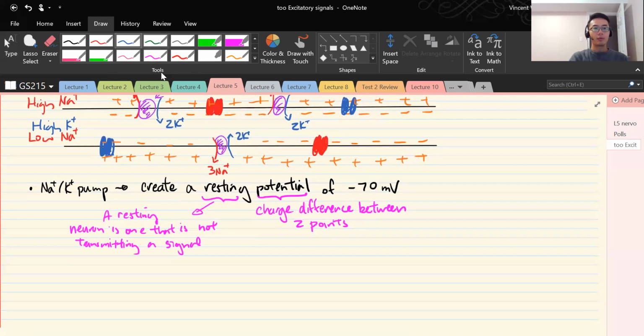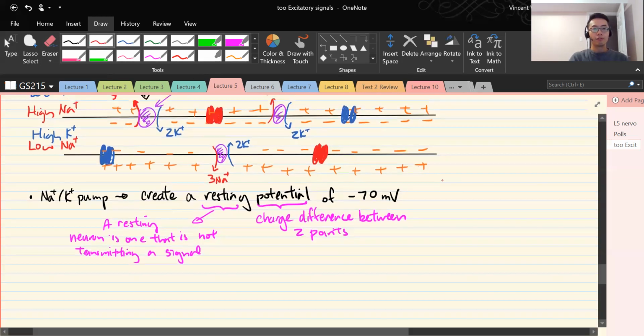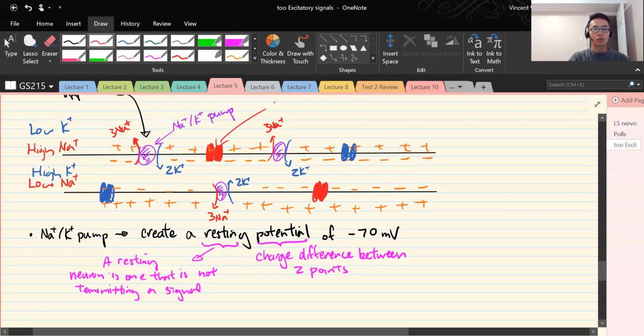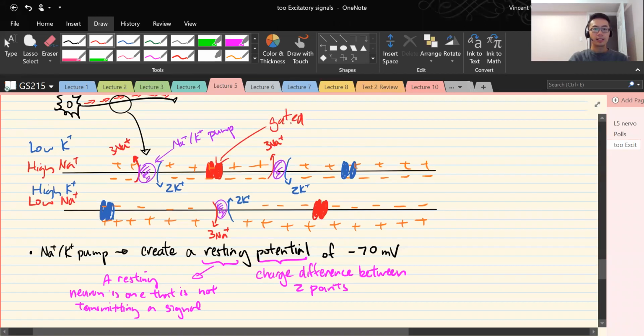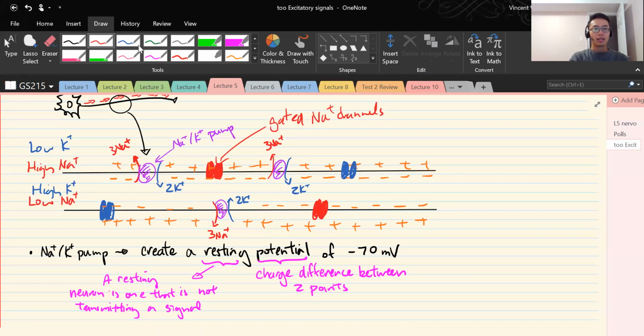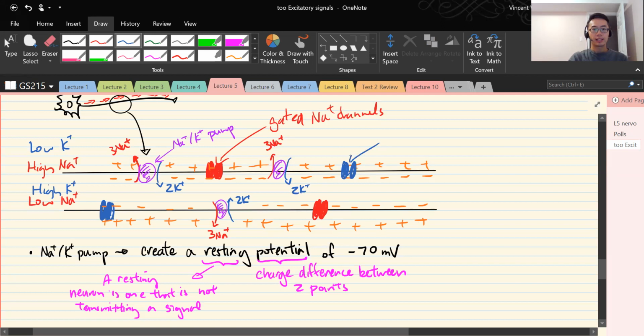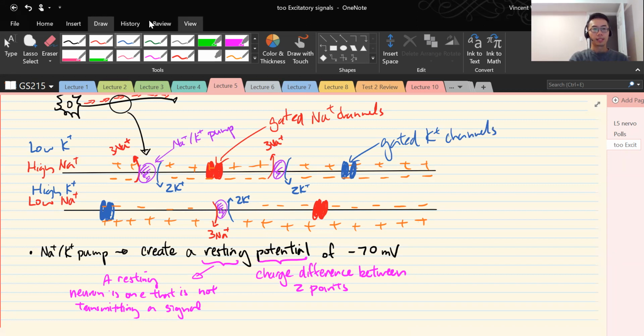The red ones, we'll just call them gated sodium channels. And then these are the gated potassium channels.